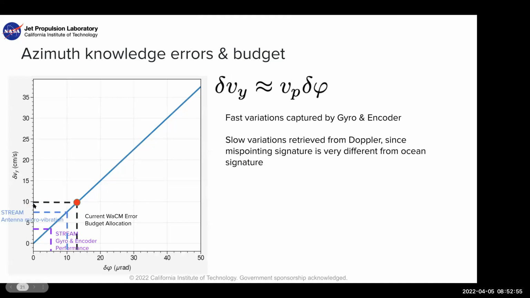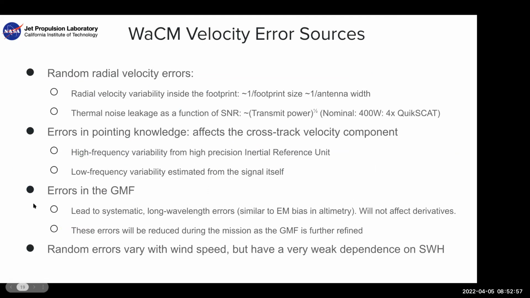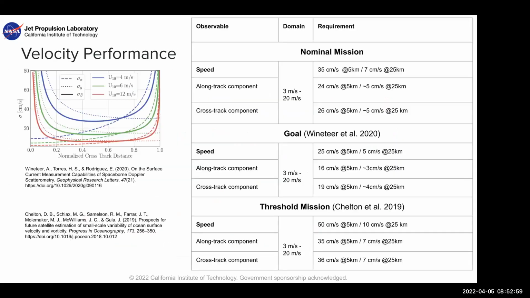So if you look at the total RSS over here, if you subtract 10 centimeters per second in an RSS sense from these numbers, you'll get to see what the random error due to the footprint size is going to be. That's why we've been pushing so much for a large antenna, which is rather costly. And so that's one of the major trades in the mission right now.